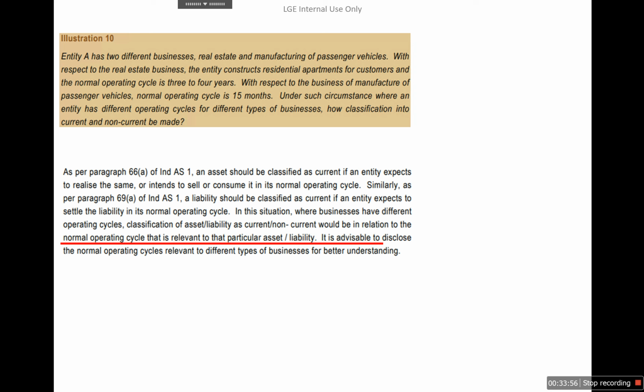So assets related to the real estate business will be classified based on the operating cycle of the real estate business, and assets related to manufacturing of passenger vehicles will be classified based on the operating cycle of the passenger vehicle business, that is 15 months. Real estate assets and liabilities will be classified based on the operating cycle of the real estate business, that is 3 to 4 years.